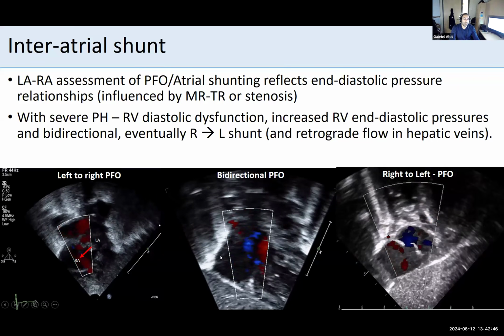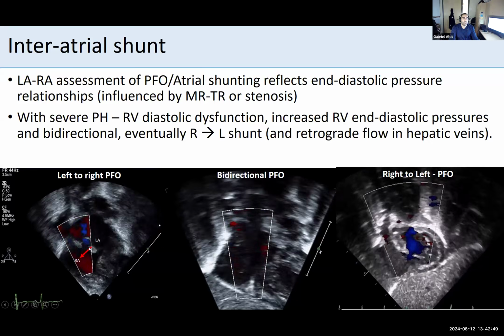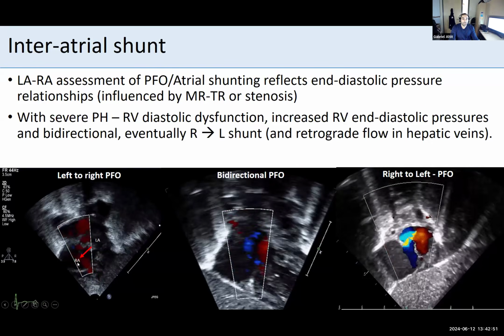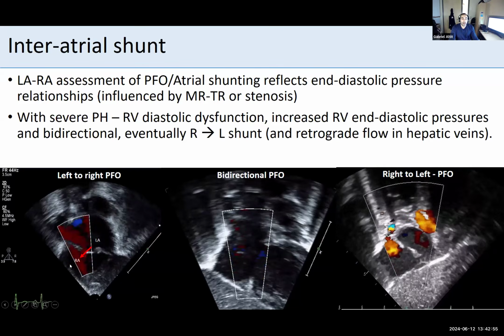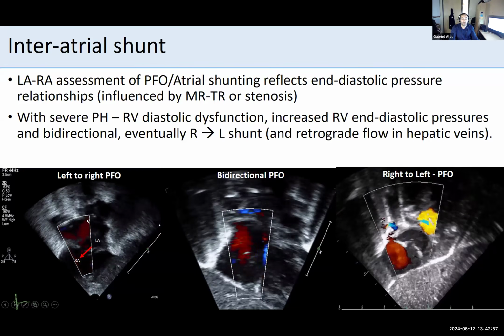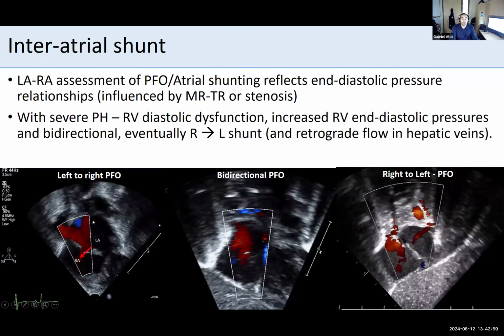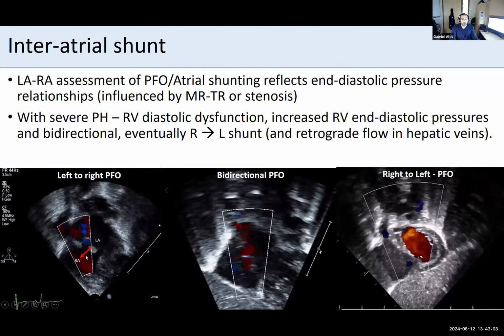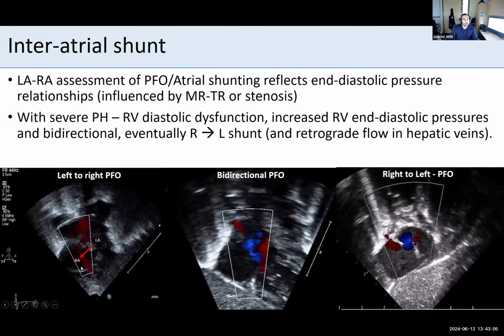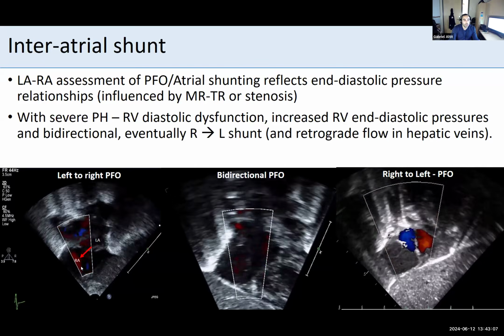The atrial level informs you a lot. If you have a patient that has a continuous left to right shunt, it informs you that the LA pressure is higher than the right atrial pressure, which tells you that the LA is typically receiving quite enough preload, or that for some reason your RA preload is extremely low. So a baby that, for example, had a significant hemorrhage.